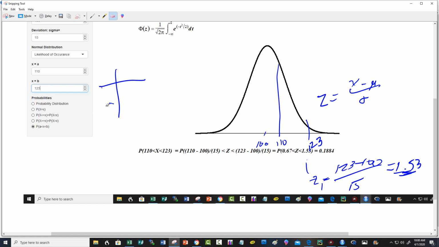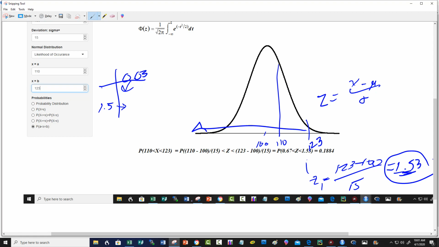Let me clean that up. It's because I have the keyboard and the stylus on the same spot. Alright, so we have 1.5 in the row, and 0.03 in the column. If you add these two together, they will be our z-score. And then if you look in the chart, it will give you the probability to the left of this value.